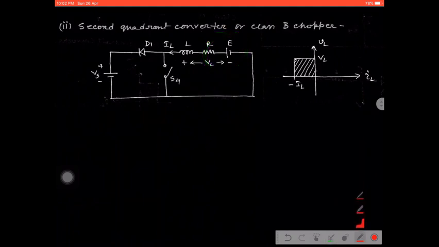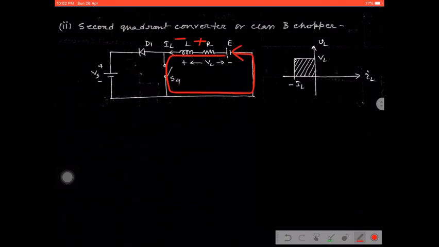So in this case, when the switch is on, the current starts flowing from this direction to this direction and coming back to this direction, right? What happened? In this case, the inductor polarity is, this one is positive and this one is negative. Okay.